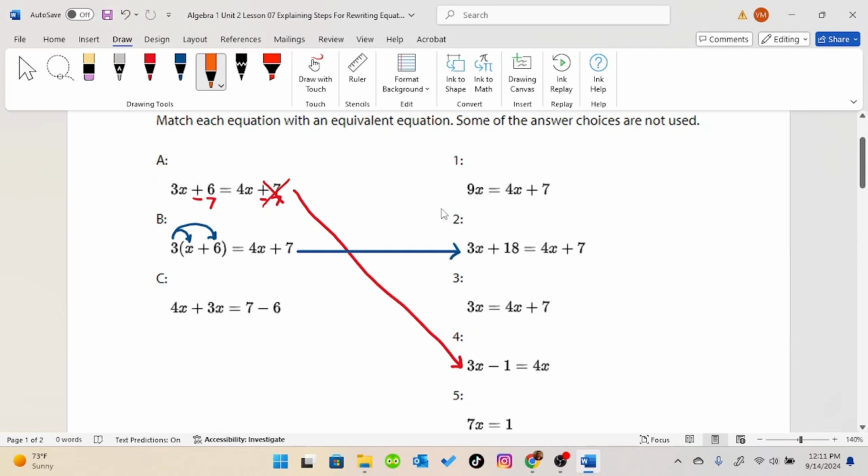And lastly, if I look at equation C, something I notice is that my x terms are on the left and my number terms are on the right.